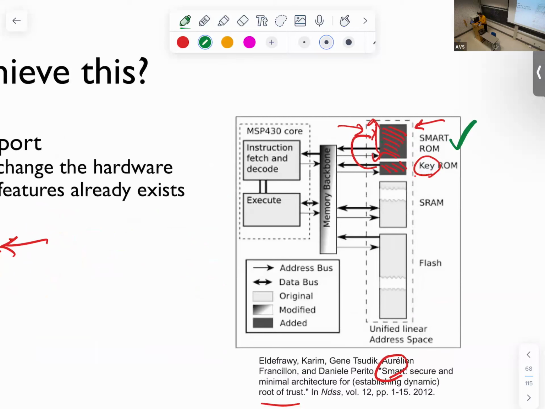Then I use that to compute the hash over the rest of the memory, like the SRAM and flash. And in order to compute the hash of these, we're going to use the key hash, because the key hash protects the system from cheating in the process, because you only need to have the key to compute the hash, and the key is only accessible by the verification. That's how we actually fix the issue.